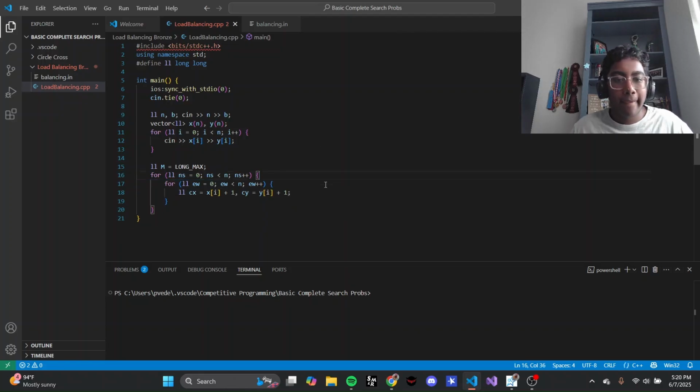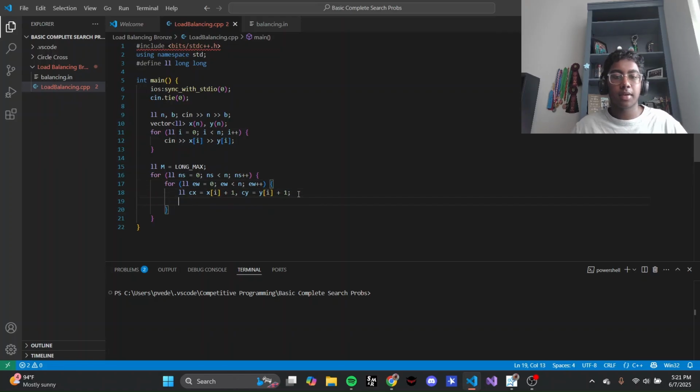Since it's a nested loop, for each north-south value we're going to go through all the east-west values. So for every north-south fence, we go through all the possible east-west fences. That goes through all the combinations of fences.